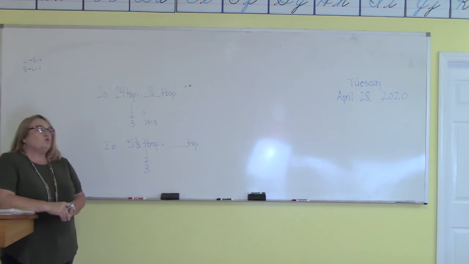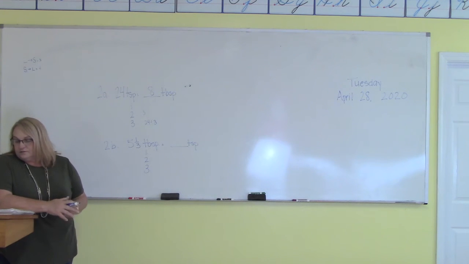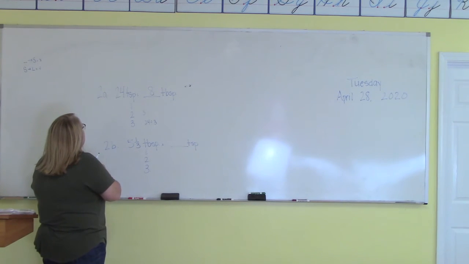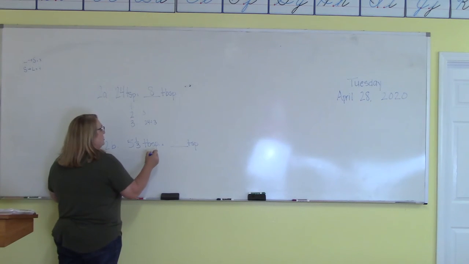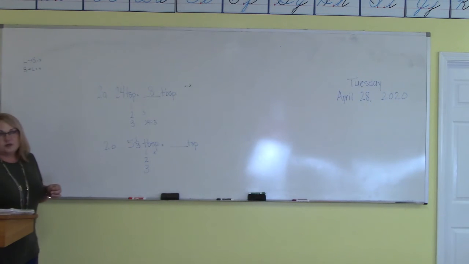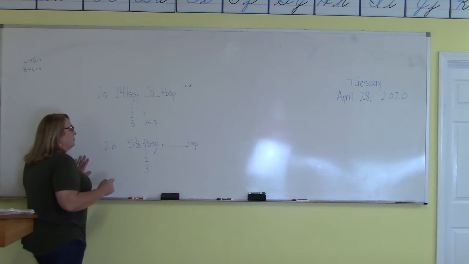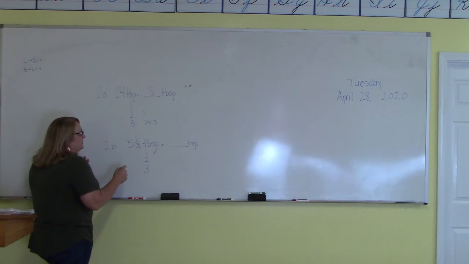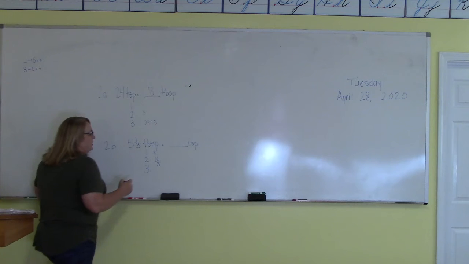B, 5 1/3 tablespoons are equal to how many teaspoons? Okay, you're going from tablespoon to teaspoon. So you're going from a large unit down to a small unit, so you're going to multiply. Before we can multiply though, what do we do to our mixed number? We have to turn it into an improper fraction. 3 times 5 is 15 plus 1, 16 over 3.